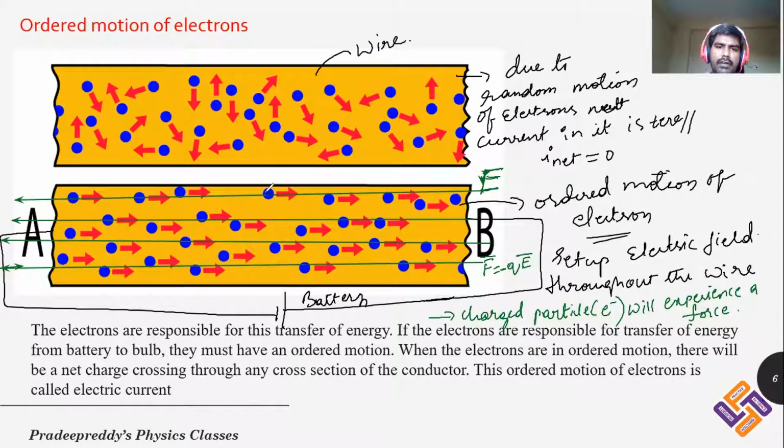See, this is an electron. Electron is moving to the right side. It is opposite to that of the electric field which is set up by the battery. It is because negatively charged particles move opposite to the electric field. If it is a positively charged particle, it will experience force in the direction of the electric field.